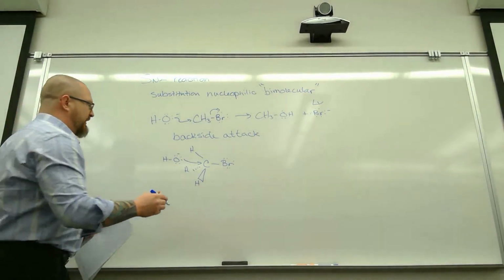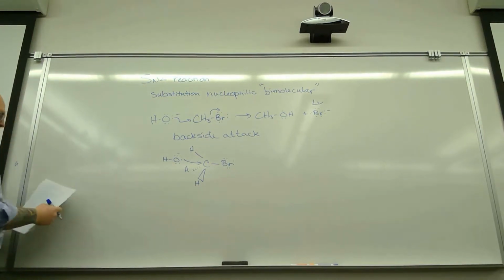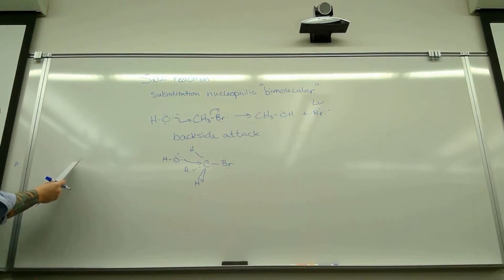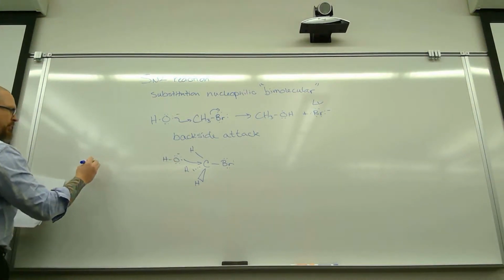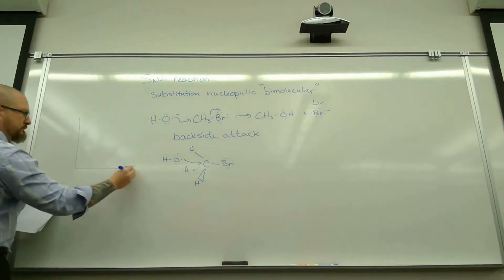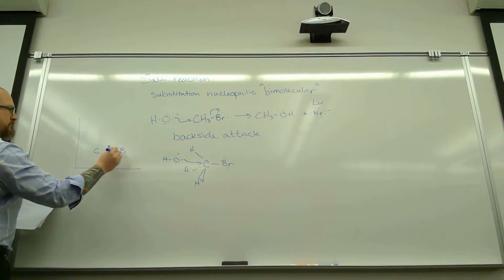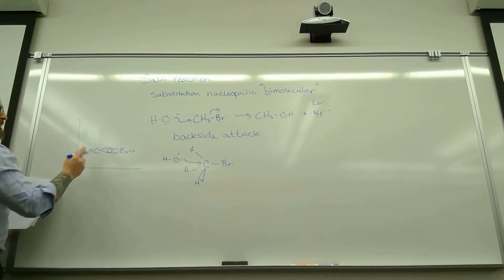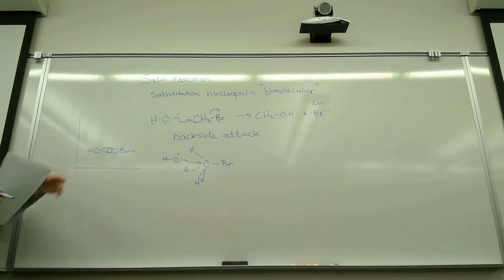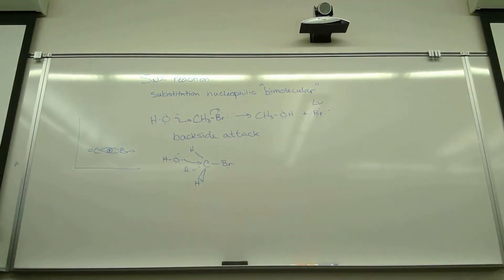And this is really important because of what's going on. If we were looking at the bonding orbital for the carbon to bromine, we have our major nodes overlapping, where we have a pair of shared electrons between the carbon and the bromine.